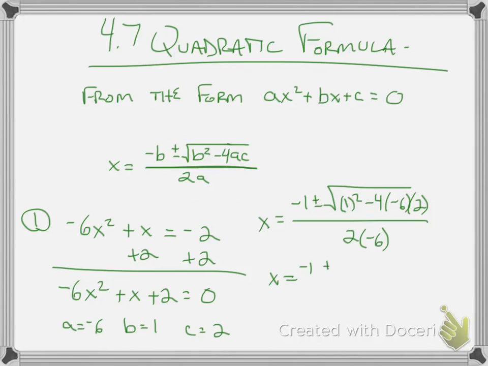So I have negative 1 plus or minus the square root. 1 squared is 1. Negative 4 times negative 6 becomes positive 24, times 2 is positive 48. So I'm adding 48. And then divided by 2 times negative 6 is negative 12.